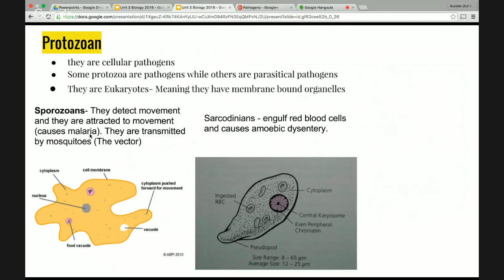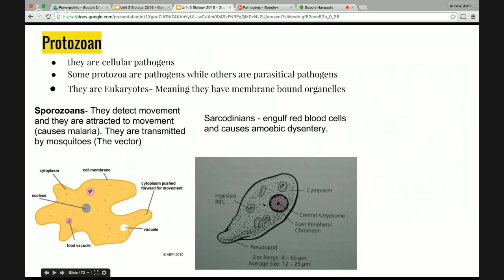Okay, and they infect the mosquitoes, but the mosquito is the vector. Then you have over here sarcodinians, which engulf red blood cells and cause amoebic dysentery. Again, you see that's eukaryotes because they have membrane-bound organelles.